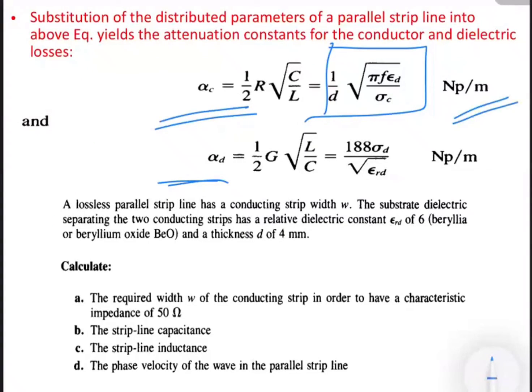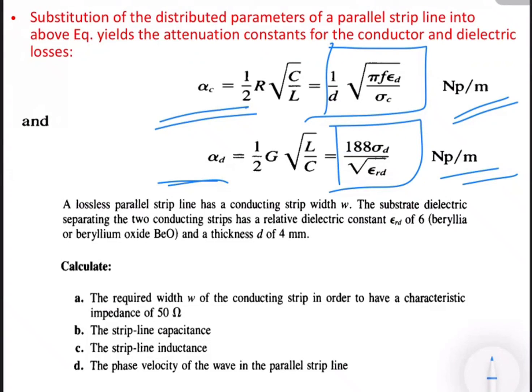And dielectric loss is 188 sigma D divided by root of epsilon RD Nepers per meter. So these are the two things which can be written for attenuation loss.